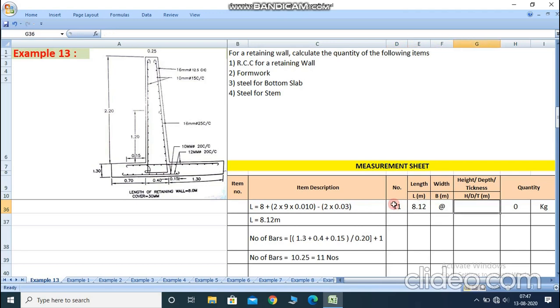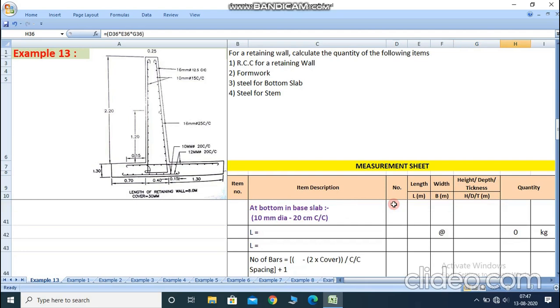Now the weight per meter length of a 10 mm diameter bar is 0.62 kg per meter.